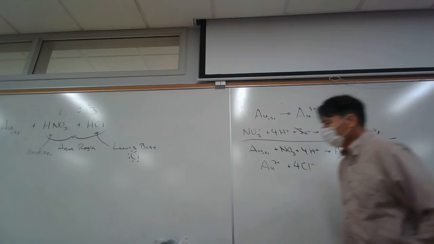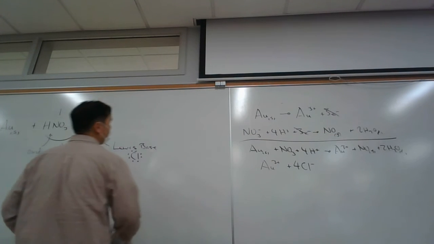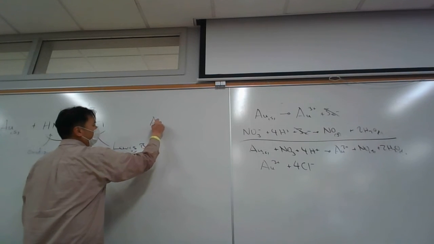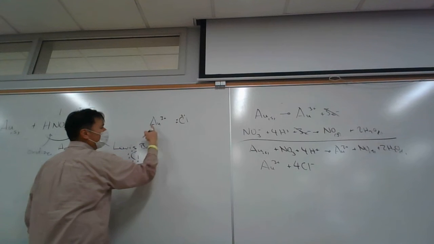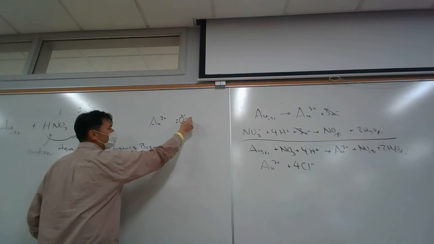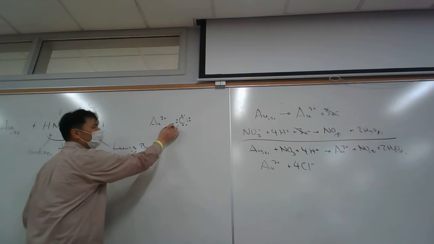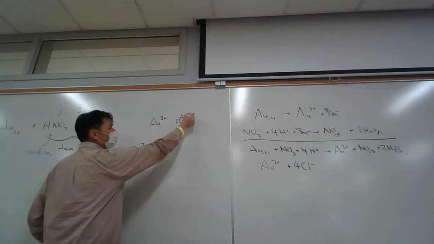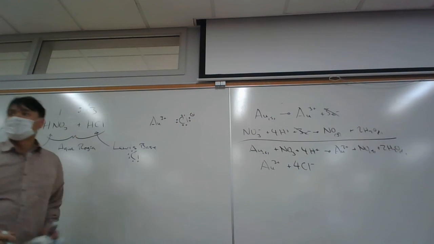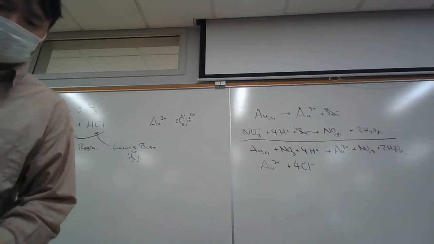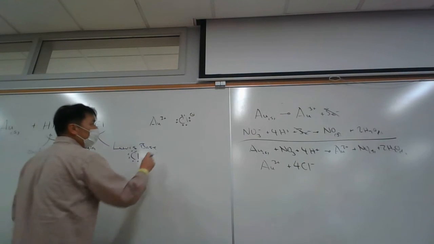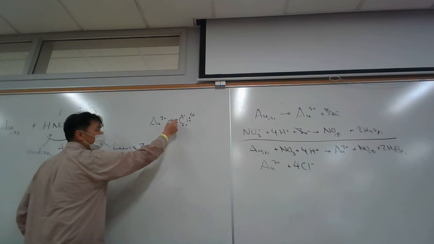If I have a gold-3 and a chloride, gold-3 is positively charged, chloride is negatively charged. Normally we'll have some kind of attraction there, maybe make an ionic bond. But in this case, the attraction is going to be like this.